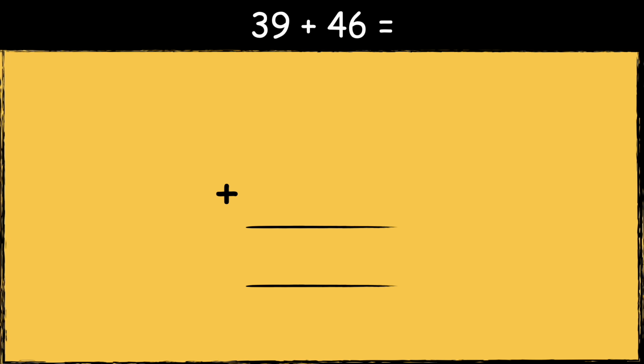Here's another example. 39 add 46. Remember to line the numbers up correctly. So we have 39 and 46. So now we're ready to add the digits in each column.